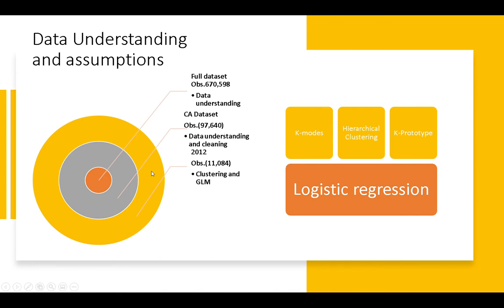Then we sliced the data set and focused on 2012 as a sample for the study, which was 11,084 observations. We used logistic regression after the clustering with K-medoids, hierarchical clustering, and K-prototype. We built a logistic regression model.